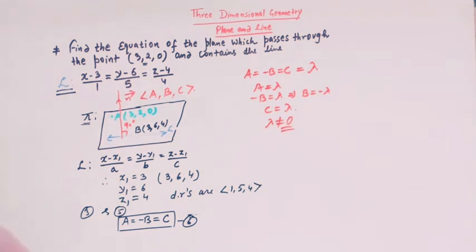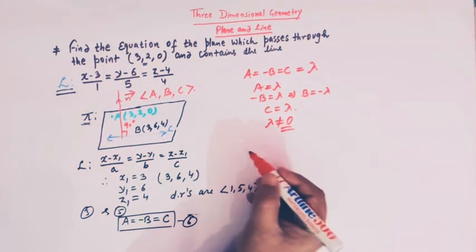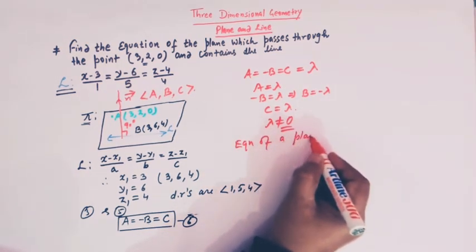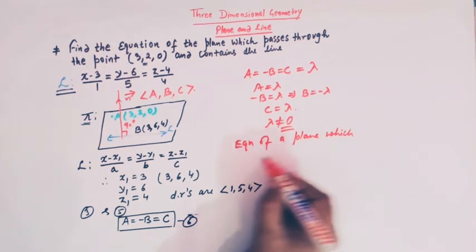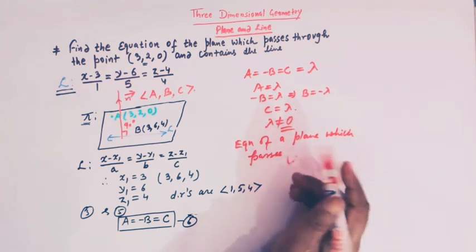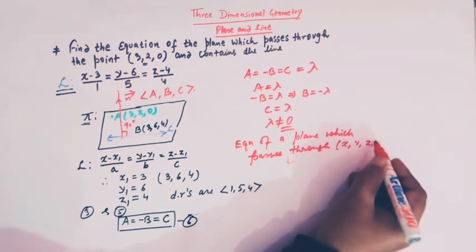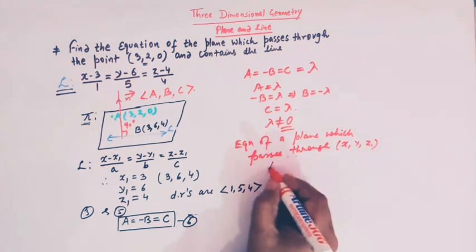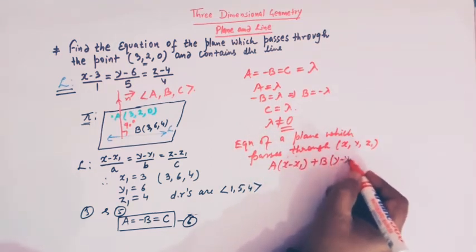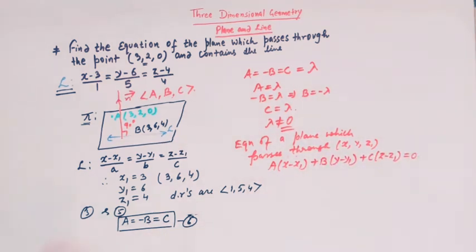So now we can write the equation of the plane which is required here, right? So now we know that the equation of a plane which passes through some point x1 y1 z1 is given by a times x minus x1 plus b times y minus y1 plus c times z minus z1 is equal to 0, right?